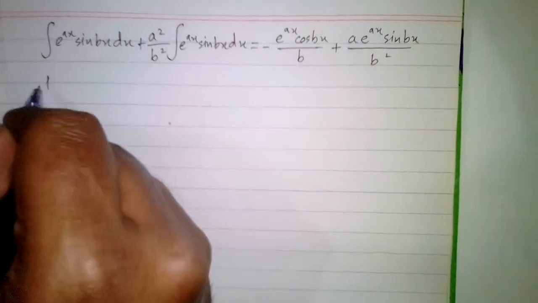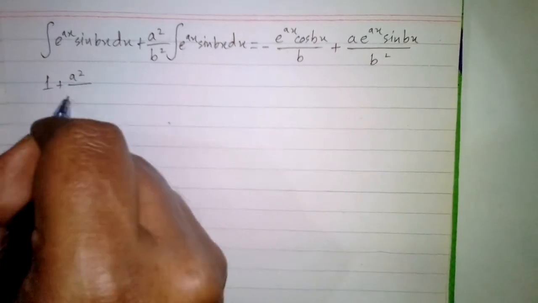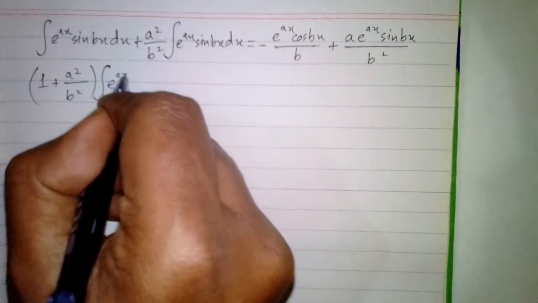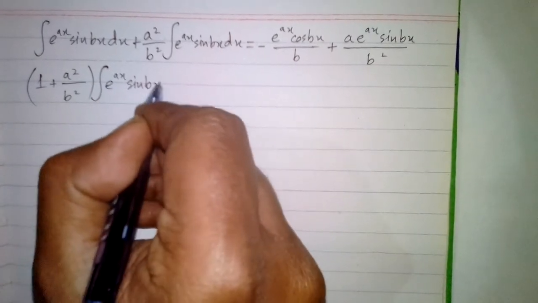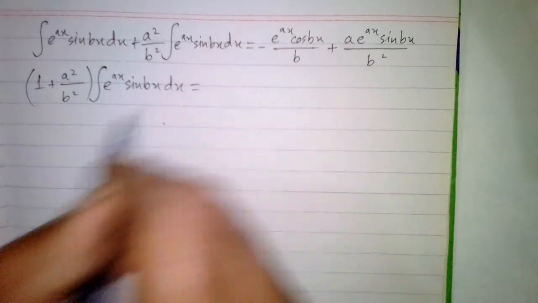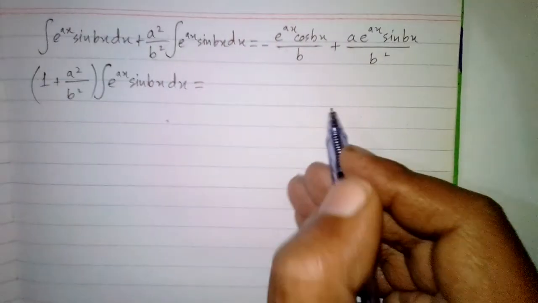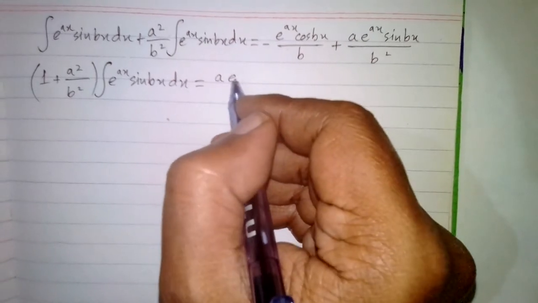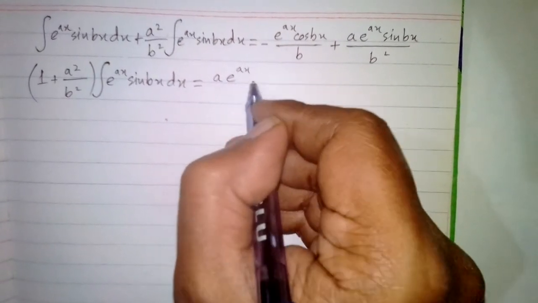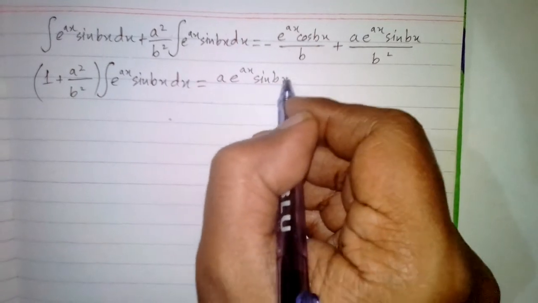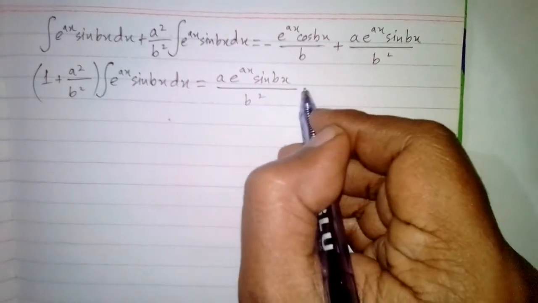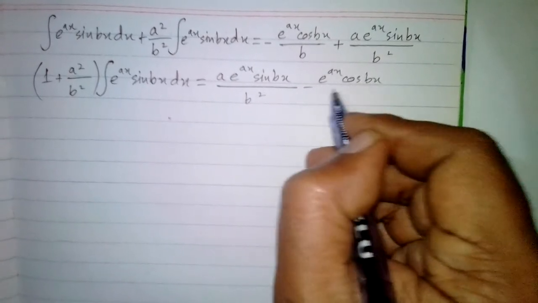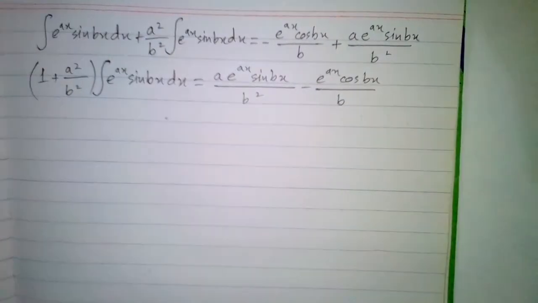So we have 1 plus a square upon b square multiplied by integral of e to the power ax sine bx dx is equal to, and over here we can write a times e to the power ax sine bx upon b square minus e to the power ax cos bx upon b.